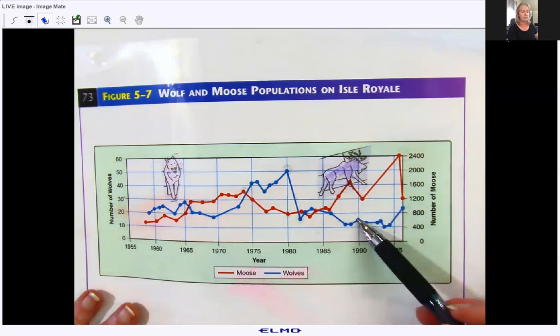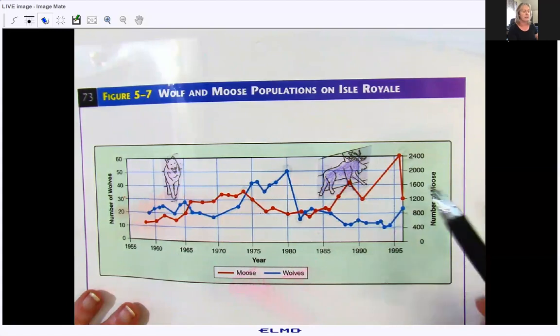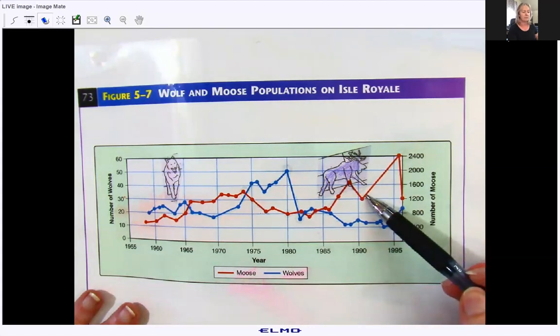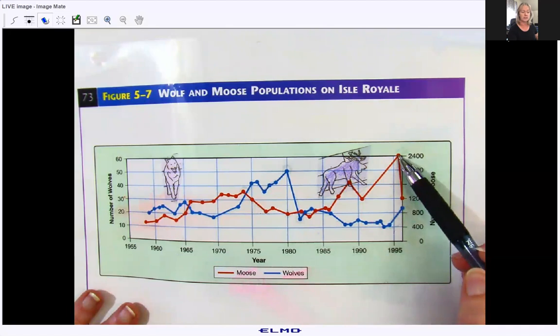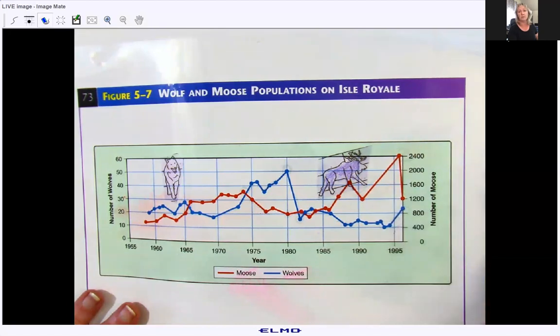Since you didn't have the wolves, they probably weren't a factor in the decrease in this population, we have to think it's probably something else. And then in the next 5 years, you have a large increase, and then this drastic decrease. So they may have started not trapping the wolves as many because you've got this large moose population, and you're going to kind of let nature take its course by allowing the predator-prey relationship to start up again.